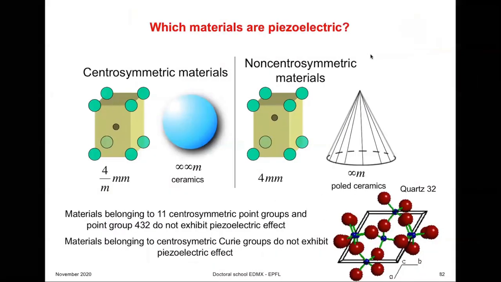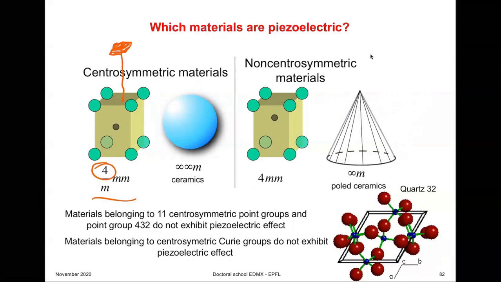Now, let's see some examples of centrosymmetric materials. Let us, for example, take the 4 over MMM structure. So what do these numbers and letters mean? Well, the 4 means that we have a 4-fold axis here.